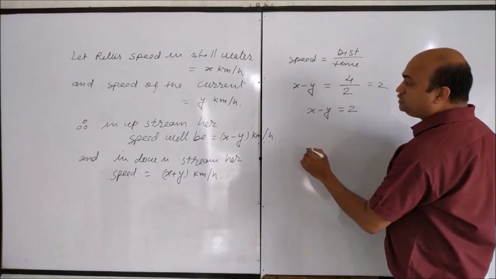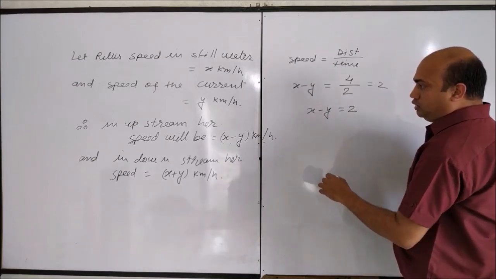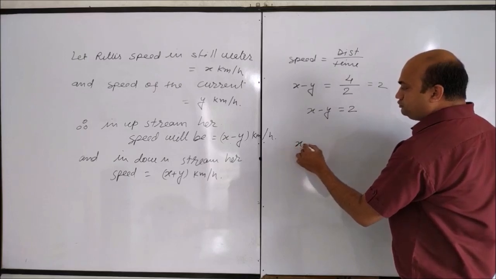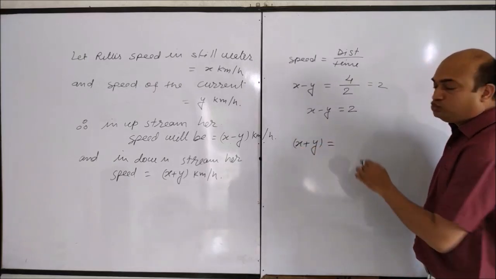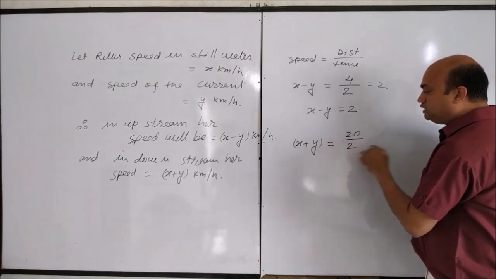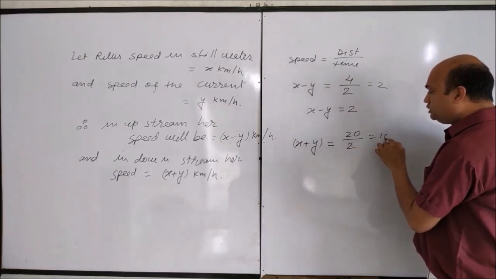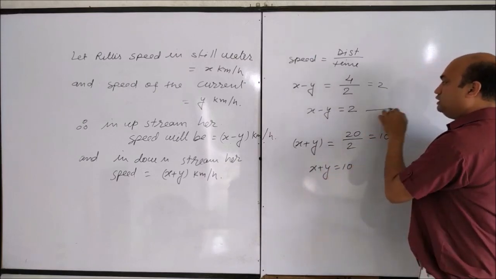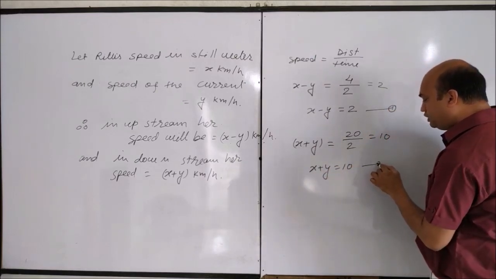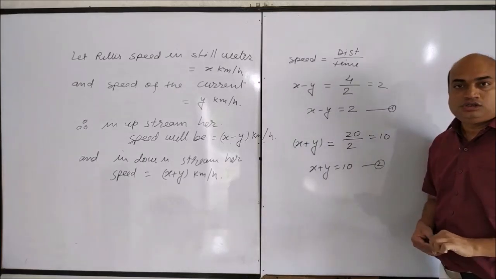And in downstream, her speed is x plus y kilometer per hour and she moved 20 kilometers in 2 hours. That will be 10. So x plus y is equal to 10. This is equation number 1 and this is equation number 2.